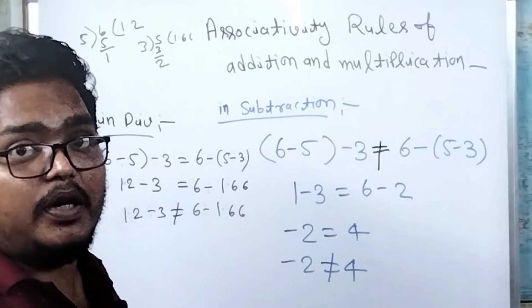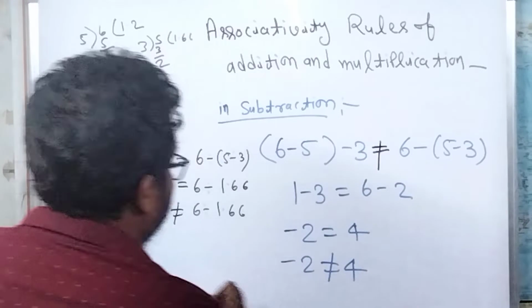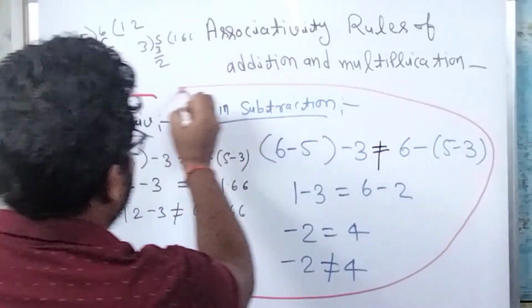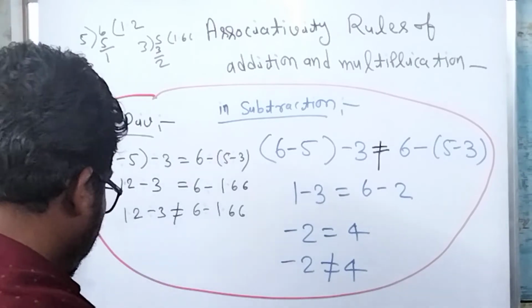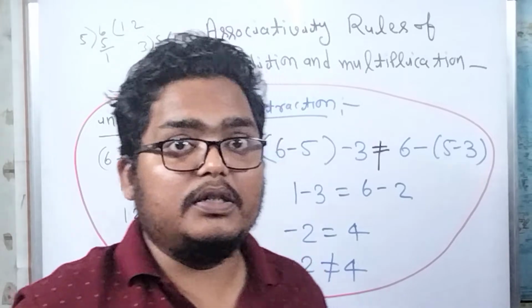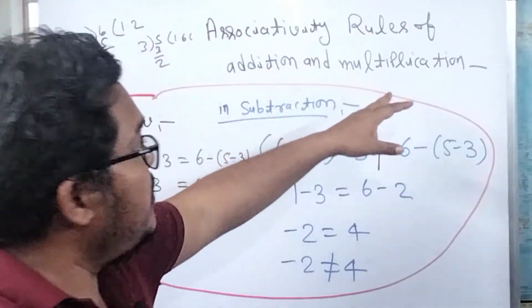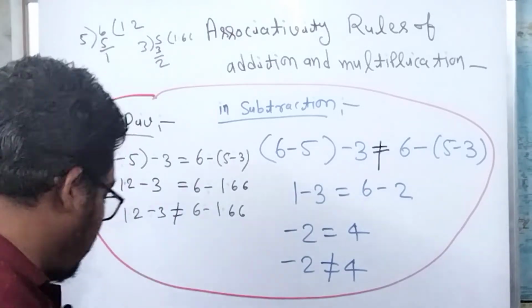The associativity rule is not followed in subtraction and division, as in both the values are not equal. So we find the conclusion: the associativity rule is only followed in addition and multiplication. It is not followed in subtraction and division.